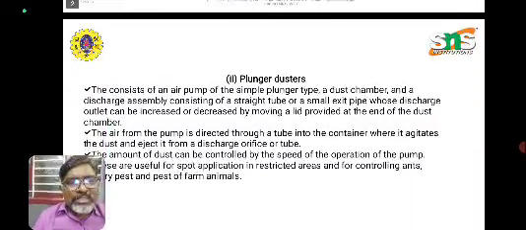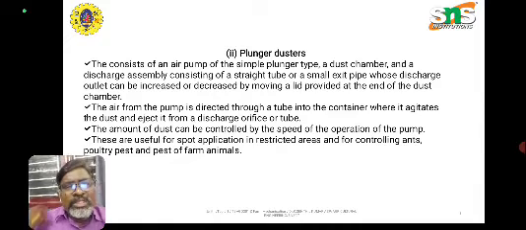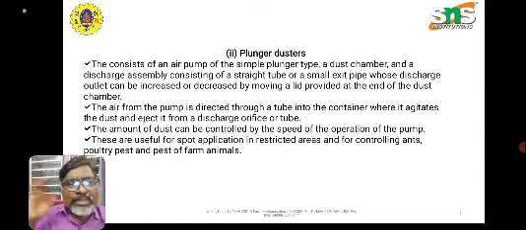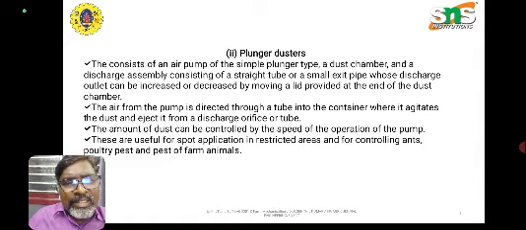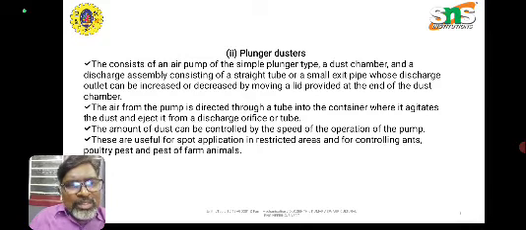The next type is the plunger duster. It consists of an air pump of simple plunger type, a dust chamber and a discharge assembly consisting of a straight tube or small exit pipe, whose discharge outlet can be increased or decreased by moving a lid provided at the end of the dust chamber.